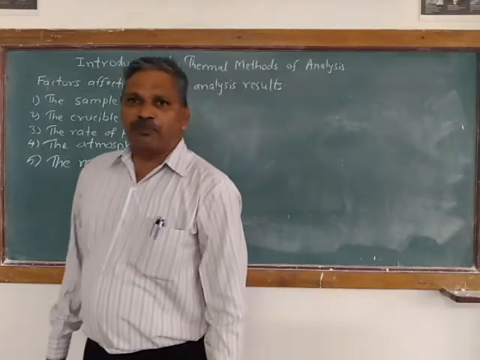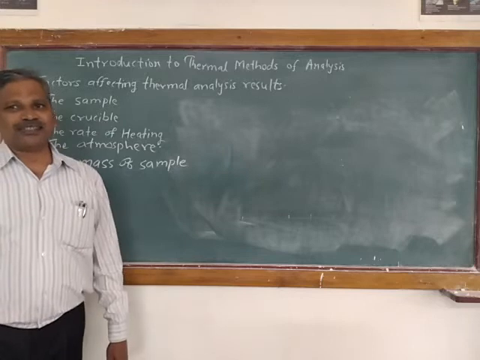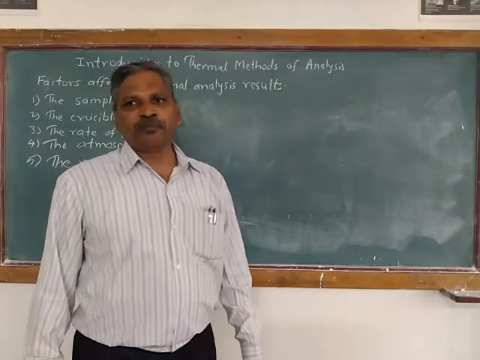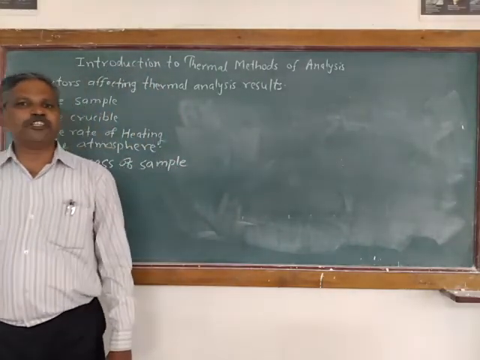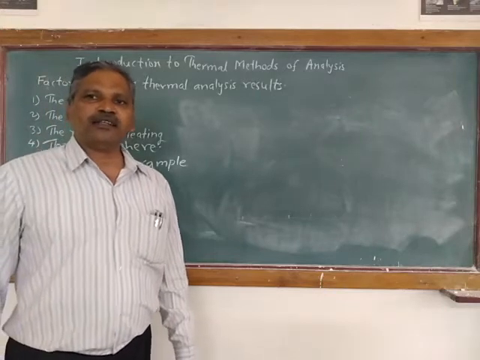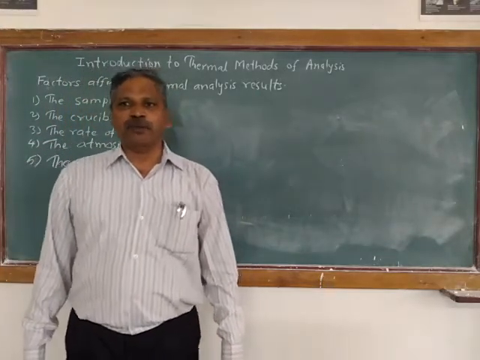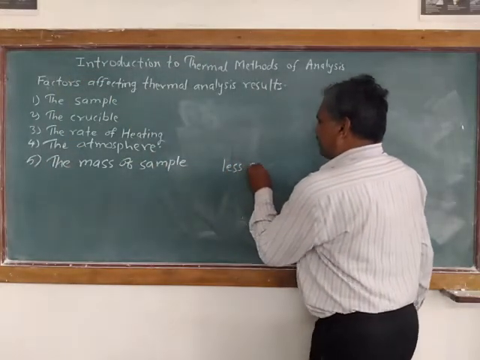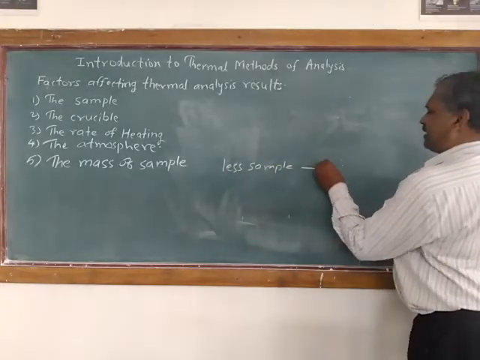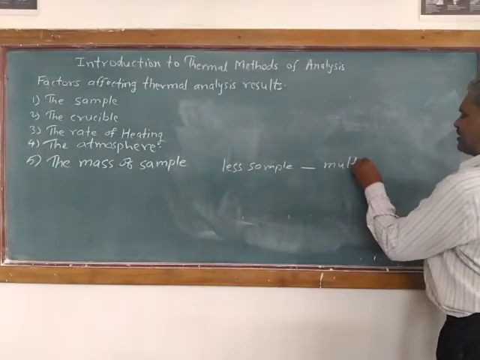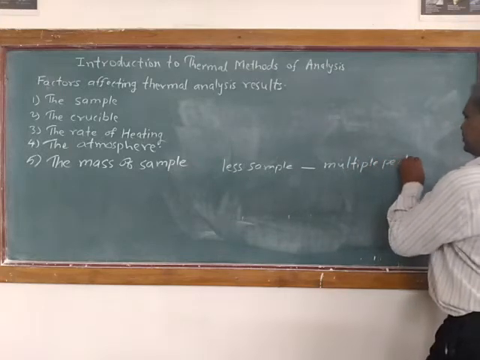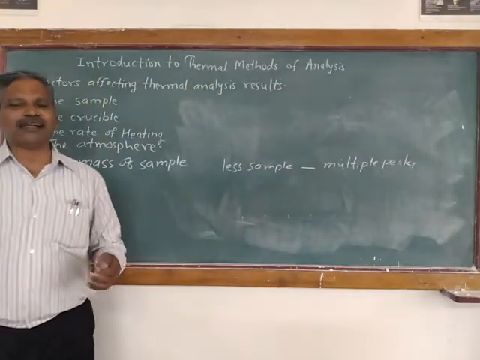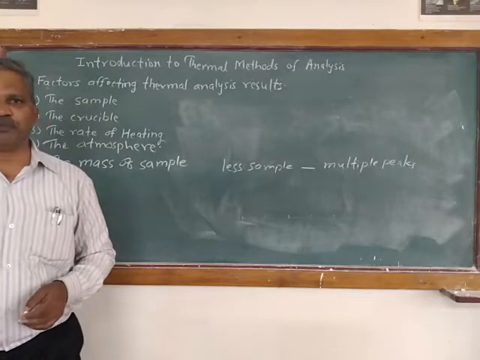If very small samples are used, perhaps less than 1 microgram, then the signal produced will be very small, and in certain cases each crystal may react at different times, producing multiple peaks. So if you take less sample, it is possible that you will get multiple peaks.